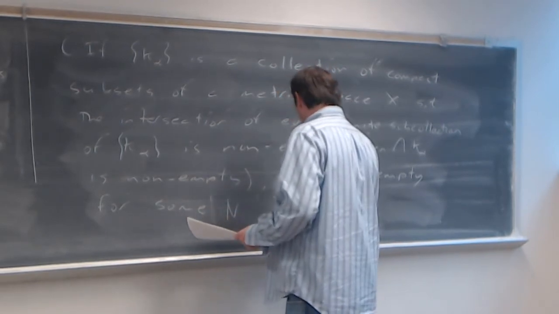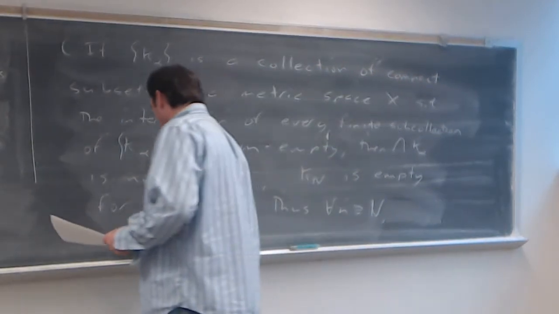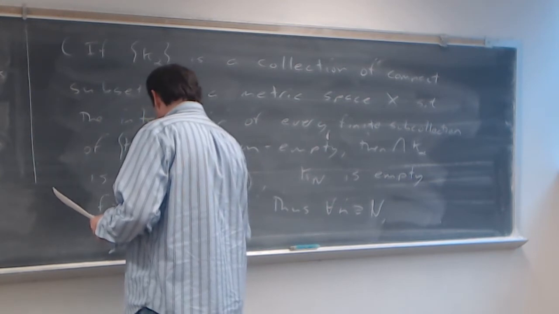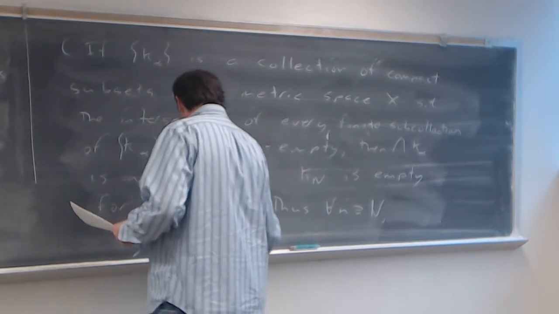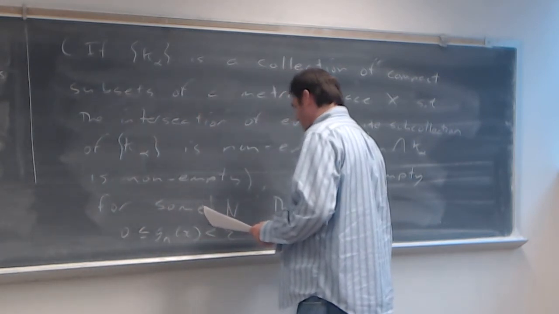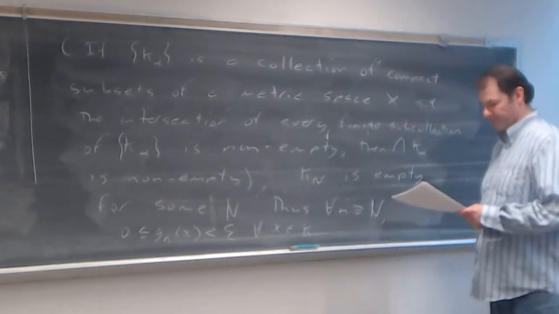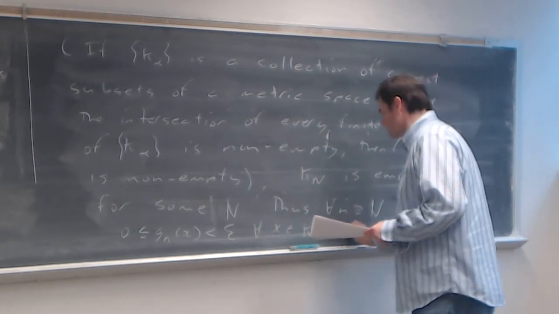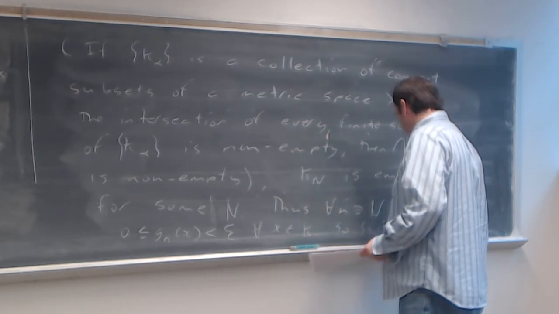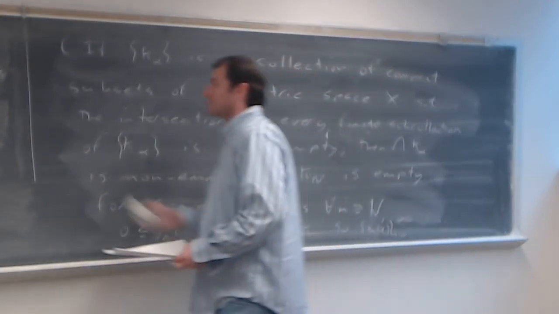Thus, for all n bigger than or equal to this big N, 0 is less than or equal to g sub n of x, which is less than epsilon, and that's true for all x in K. So that means that g sub n converges uniformly to 0.